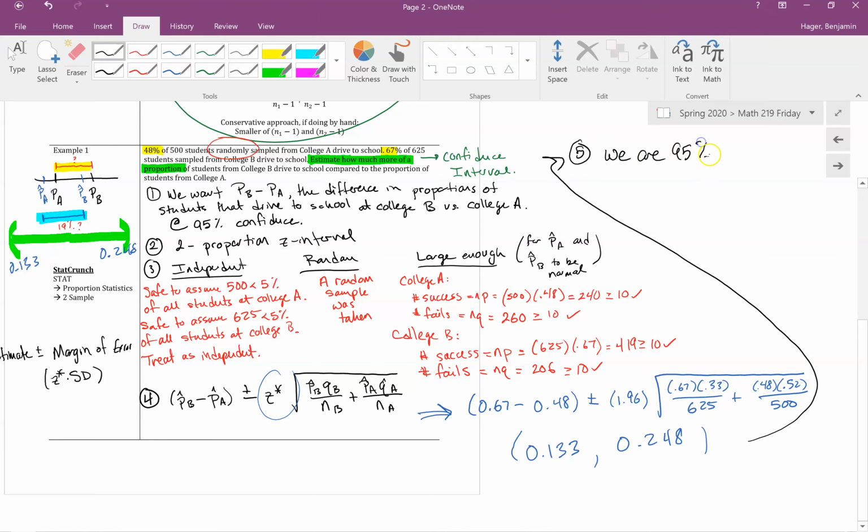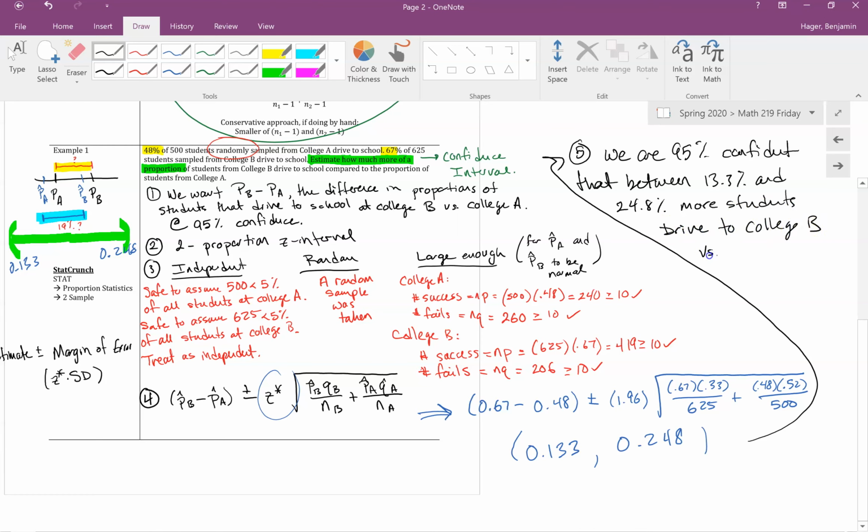We are 95% confident that between 13.3% and 24.8% more students drive to college B versus college A. At college B, more of their student population drives to school.